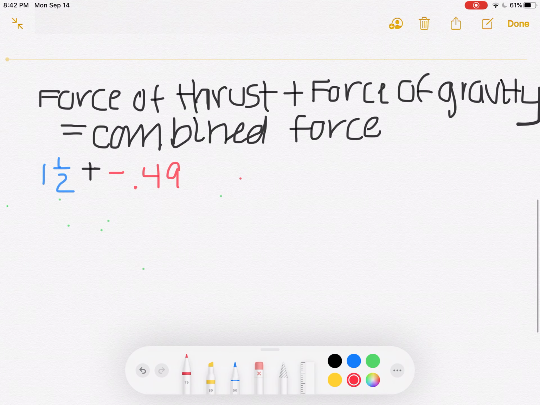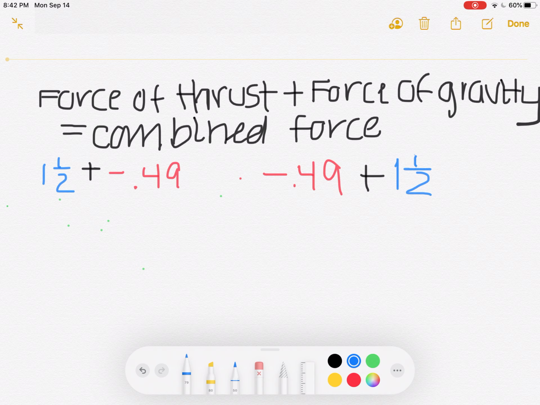So just like in our last problem, we can write this expression with a positive plus the negative, or we can write this as negative 0.49 plus 1.5. Oops, wrong marker. 1.5.